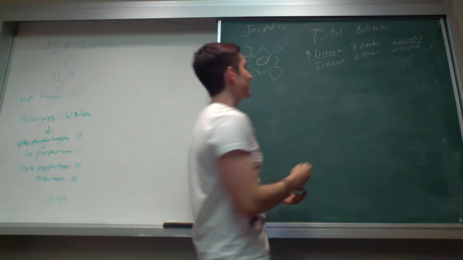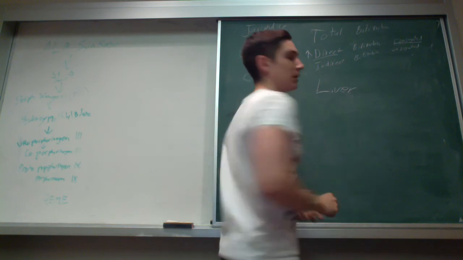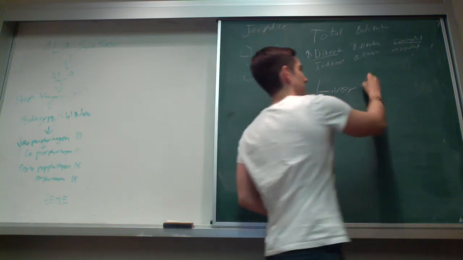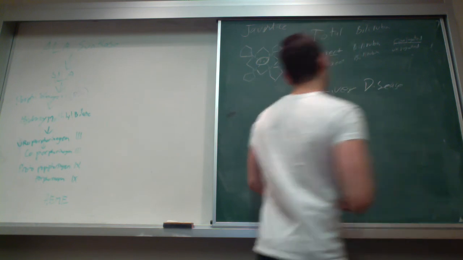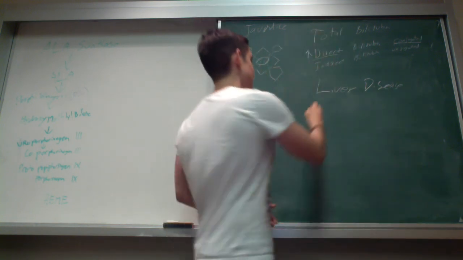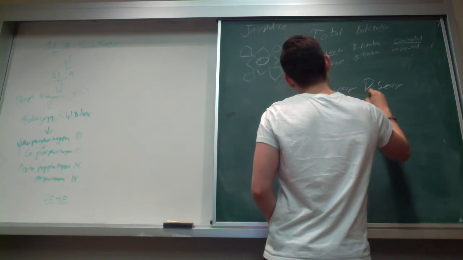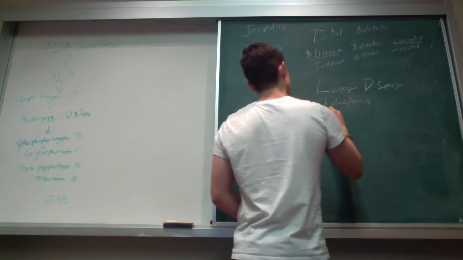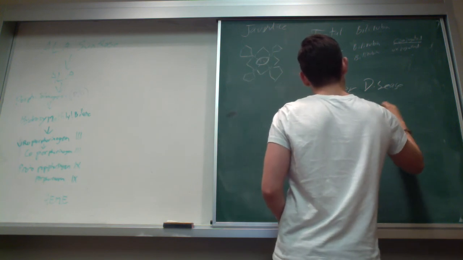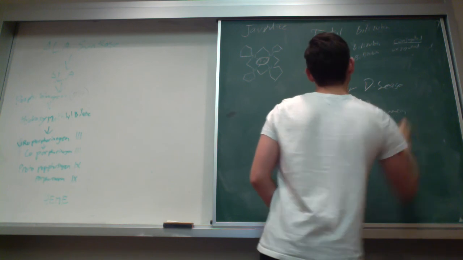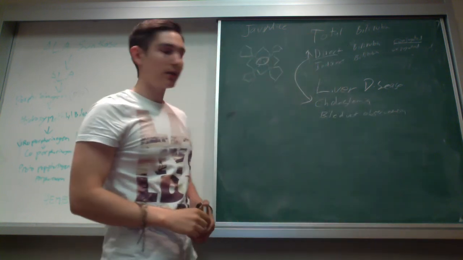So there's going to be some kind of backup either in the liver, so it could suggest liver damage, some kind of liver disease, or it could be something like cholecystitis, or some other bile duct obstruction that prevents bilirubin from being excreted.